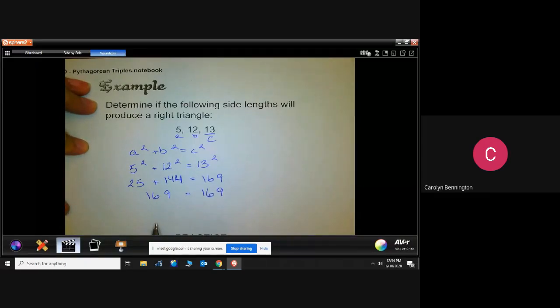So in this example, our two values do equal each other. So that tells us that 5, 12, and 13 are a Pythagorean triple that satisfies the Pythagorean theorem. So when your two sides equal each other, then yes, this does create a right triangle.